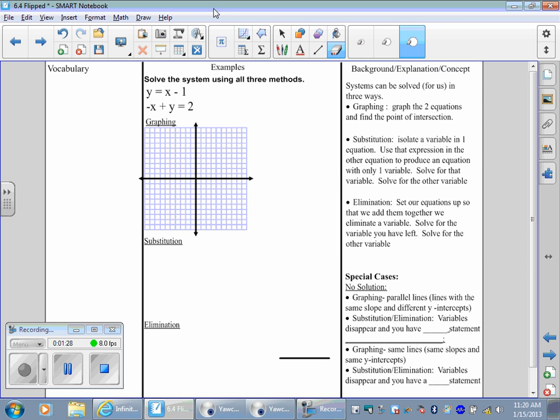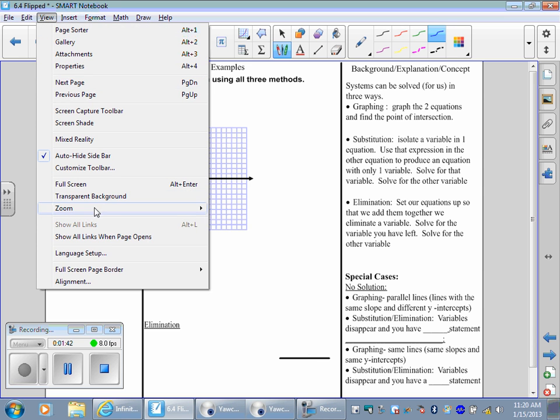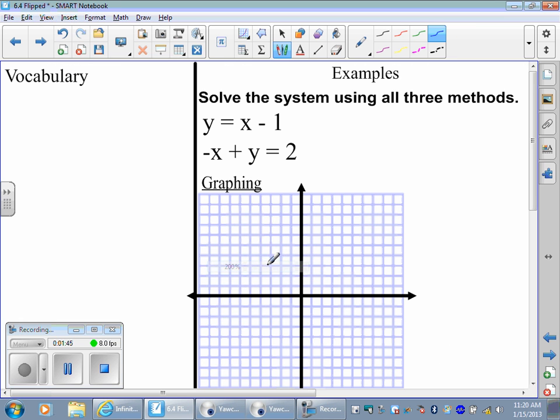All right, so let's look at it. But let's look at this first system. When we solve by graphing, we graph both equations, and we look for where the lines intersect. So let's look at this first one and ask ourselves, what form is it in? This one is in slope-intercept form. So the y-intercept is -1. I'm going to plot that.